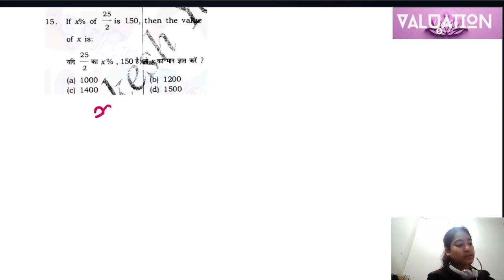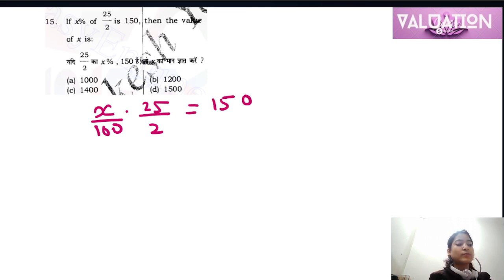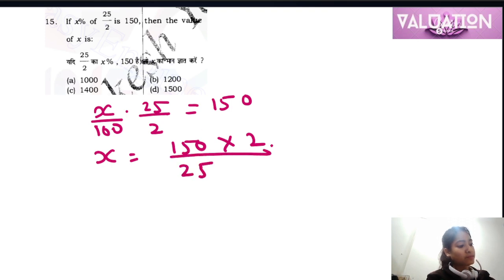If x percent of 25 divided by 2 is 150, then find the value of x. So let's solve it. x is equal to 150 times 2. From here we will get divided by 5.